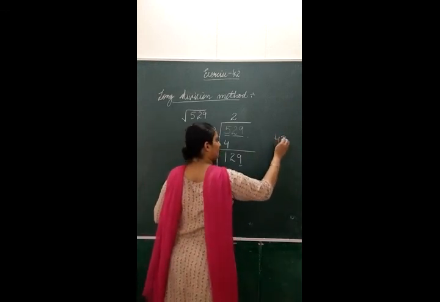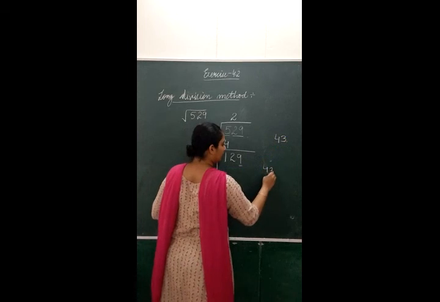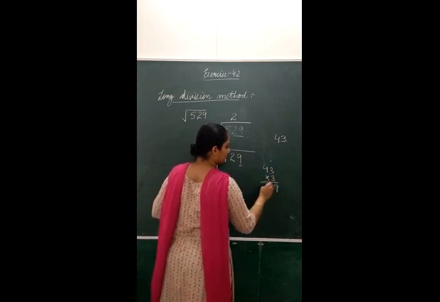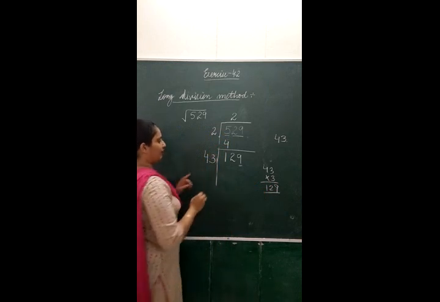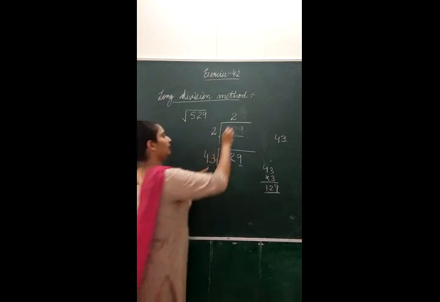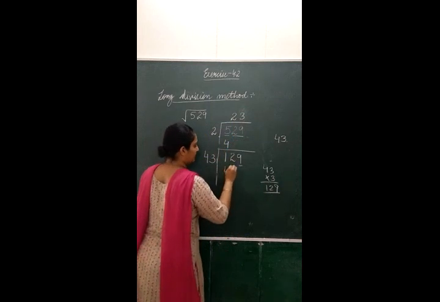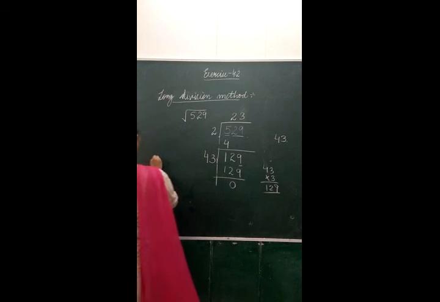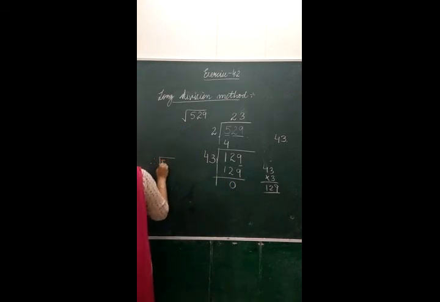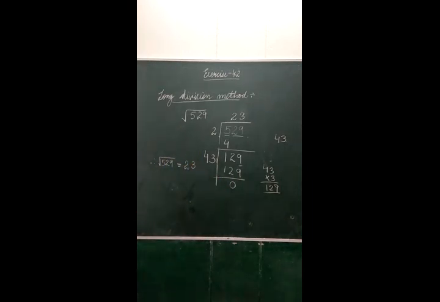So, if we take 43 into 3, it will give us 129. So, this is what we want. So, that means the value of y is 3. 43 into 3 gives us 129. So, the remainder is 0. So, therefore, the square root of 529 is 23. This is how we can calculate the square roots of the given numbers using the long division method.